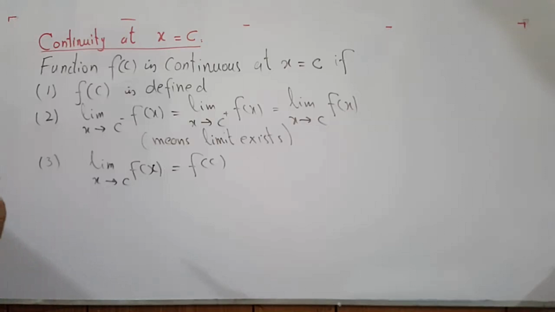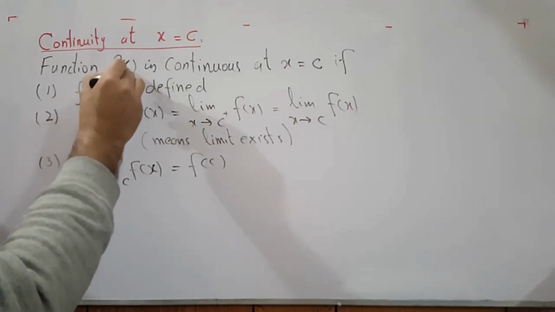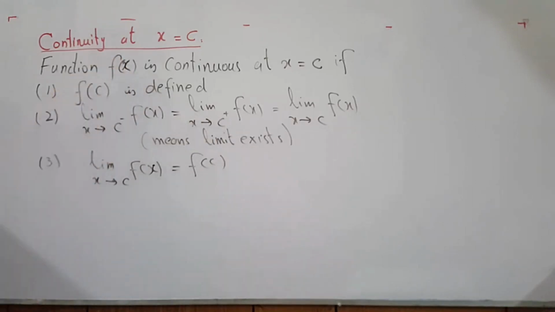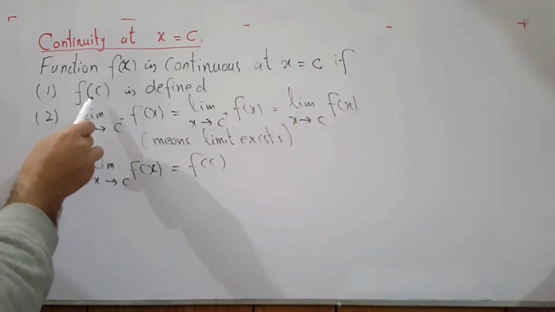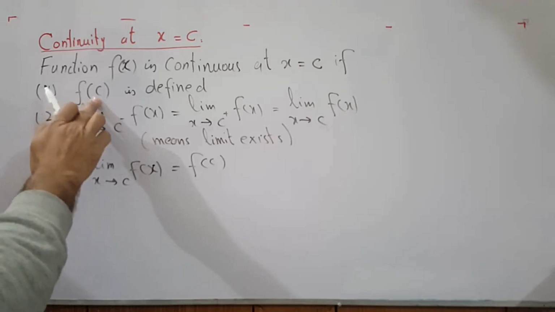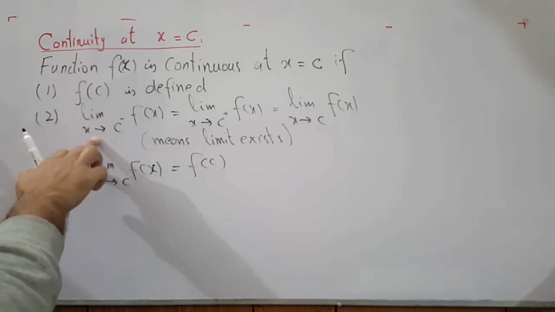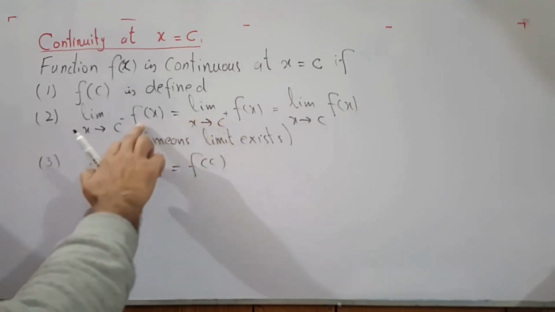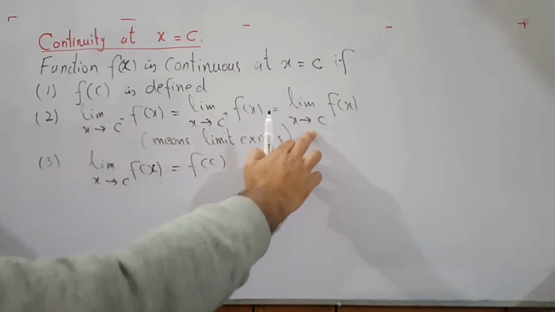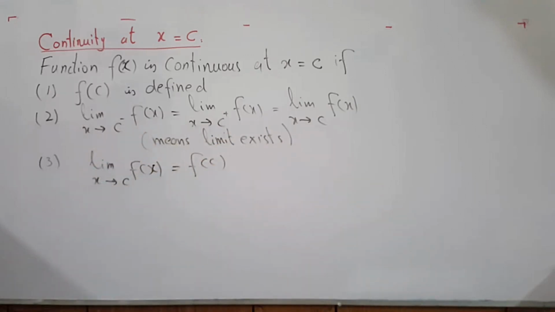If you have a function f of x, it is continuous at x equals c if the function is defined at that particular point, meaning it's not undefined or infinity, and the left-hand limit and the right-hand limit are both the same, meaning that the limit exists at that point.